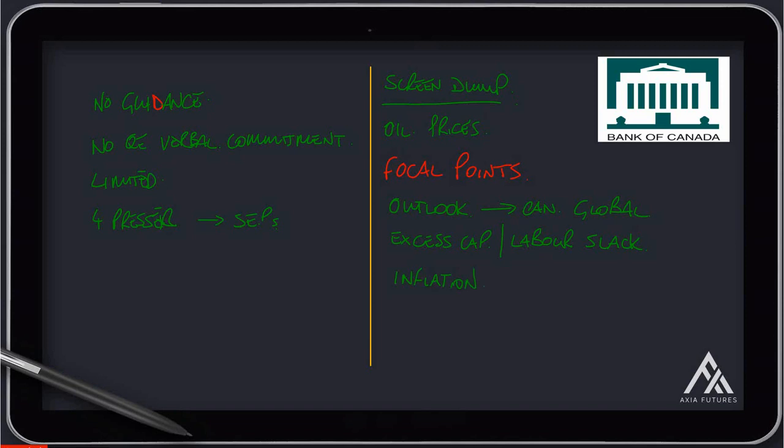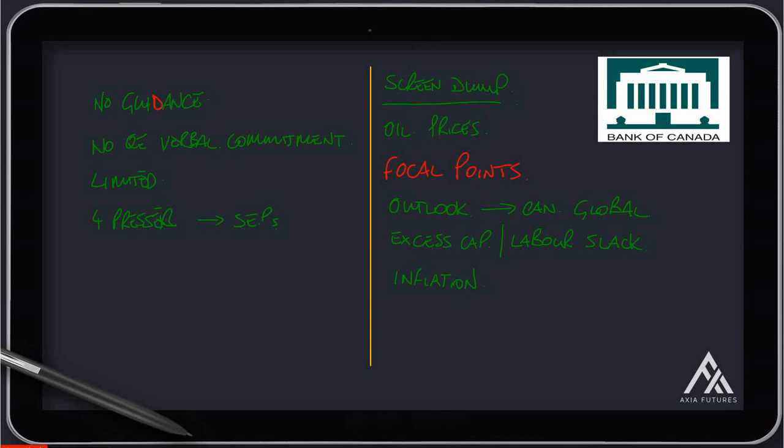So remember to keep an eye on that table, keep an eye on how they talk about each of these areas. That way you again get a sense of how things are building. Now, the Bank of Canada's statements are inconsistent. A lot like the Bank of England, they don't have a consistent statement format. So it is again so much down onto this screen dump.